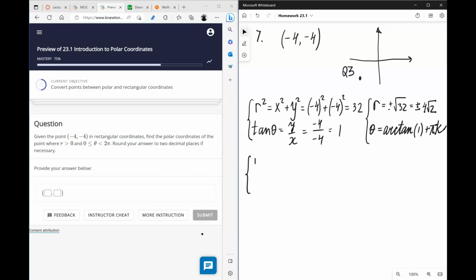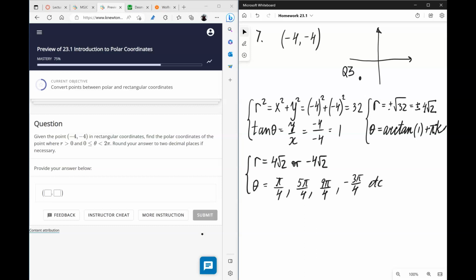Now, the solution for the first equation is just 4 radical 2 or -4 radical 2, and the solution for the second equation can be expressed as arctan of 1 is just pi over 4, and we have all values which are pi or multiple of pi units away from pi over 4. So it's going to be 5 pi over 4, 9 pi over 4, also -3 pi over 4, etc.